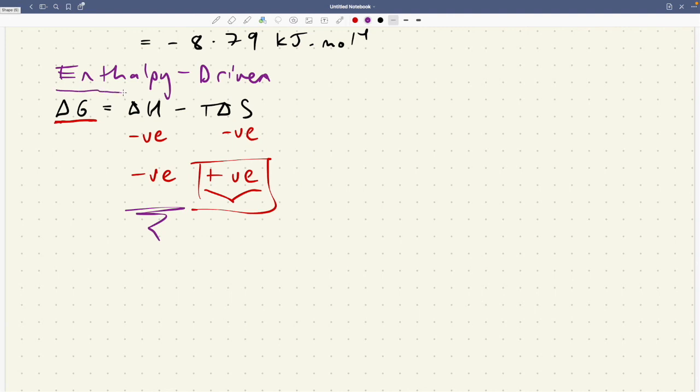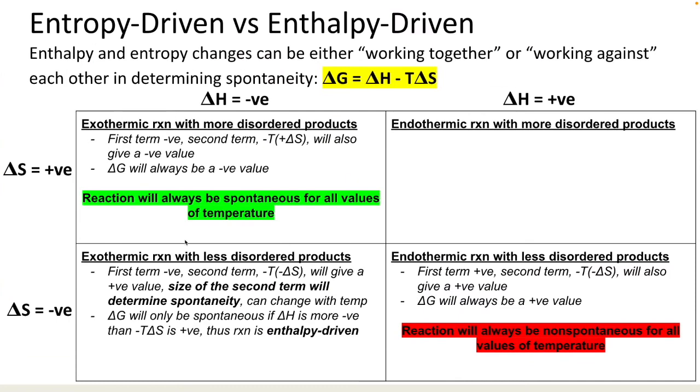Let me get a little line underneath. Look at that. So enthalpy driven: if we have a large enough negative delta H that it can overcome the negative delta S, we can end up with a spontaneous reaction. So the delta G will only be negative if the delta H is more negative than minus T delta S, where the size of the second term will determine the spontaneity.